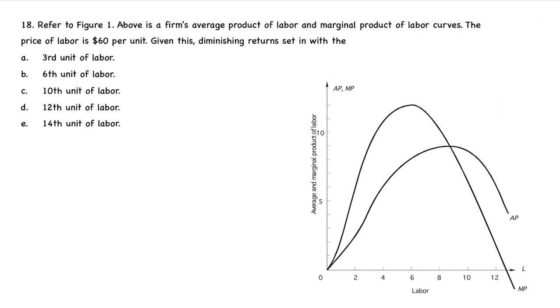Refer to figure 1. Given this, when does diminishing returns set in? And the way we're looking for this is we want to see when does our marginal product curve stop increasing?